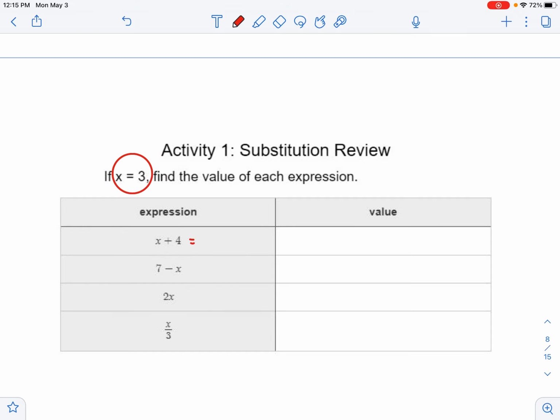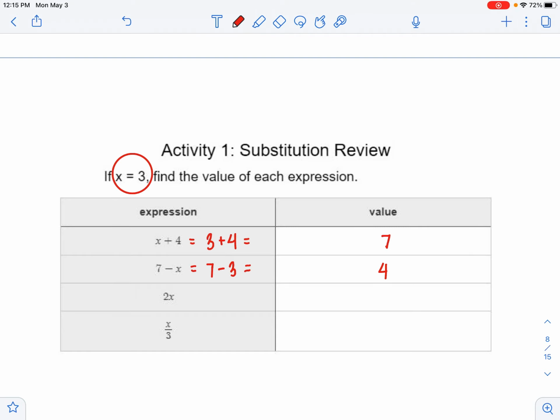So I'm going to rewrite the expression with the number. Instead of x, I wrote 3. 3 plus 4 equals, of course, 7. Now in the second example, I have 7 minus x, but instead of 7 minus x, x is 3. So 7 minus 3, that's equal to 4.